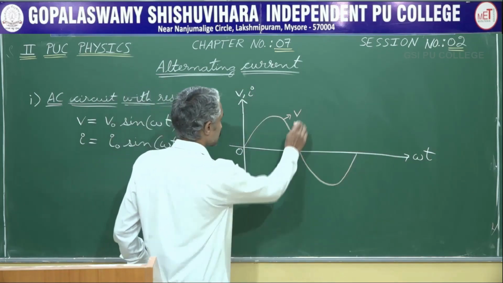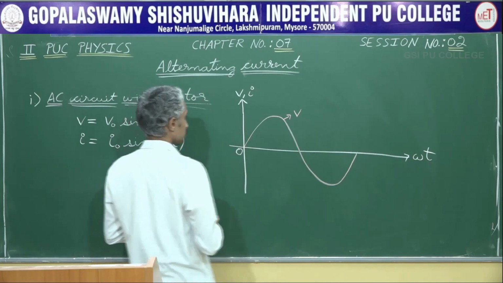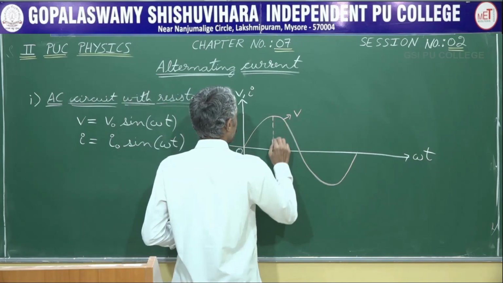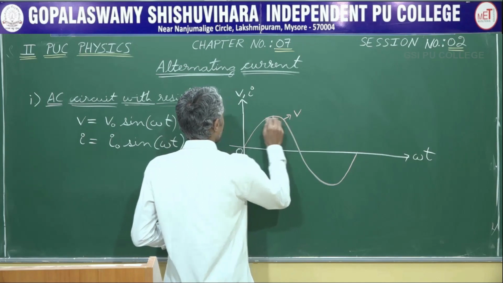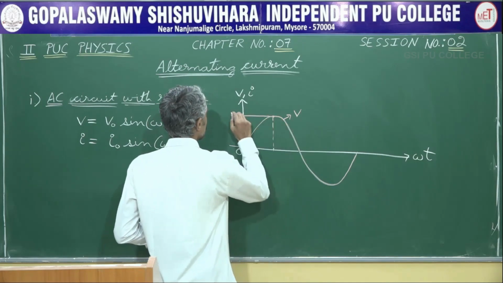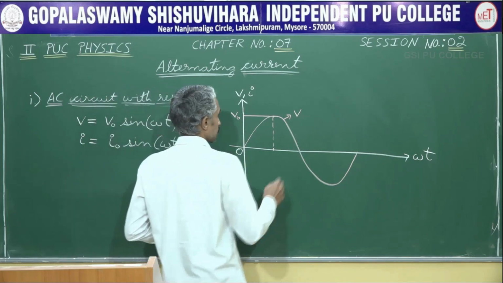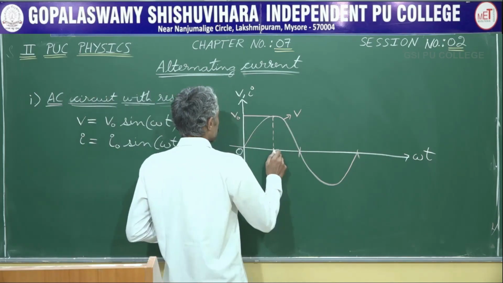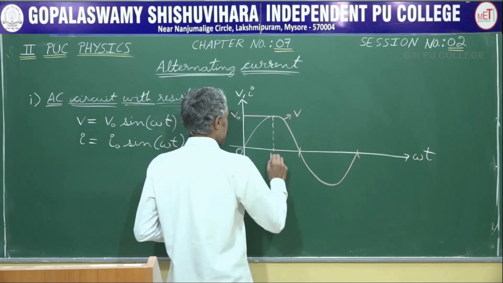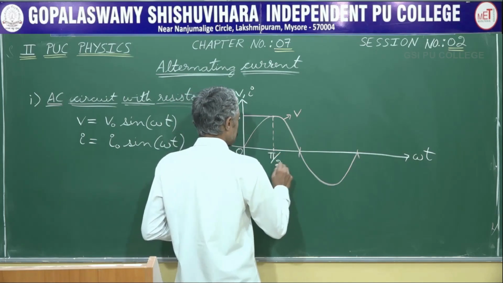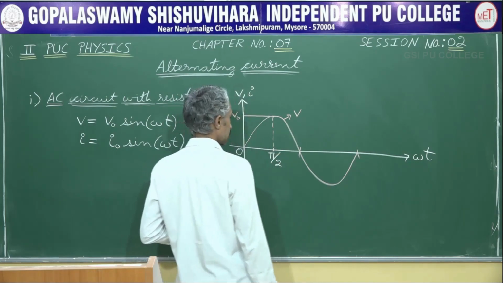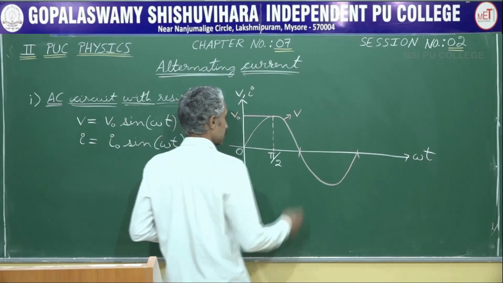The waveform represents the voltage V, where the maximum value is nothing but V naught, and the voltage is maximum when omega t is equal to pi by 2 radians, or in terms of degrees 90 degrees.